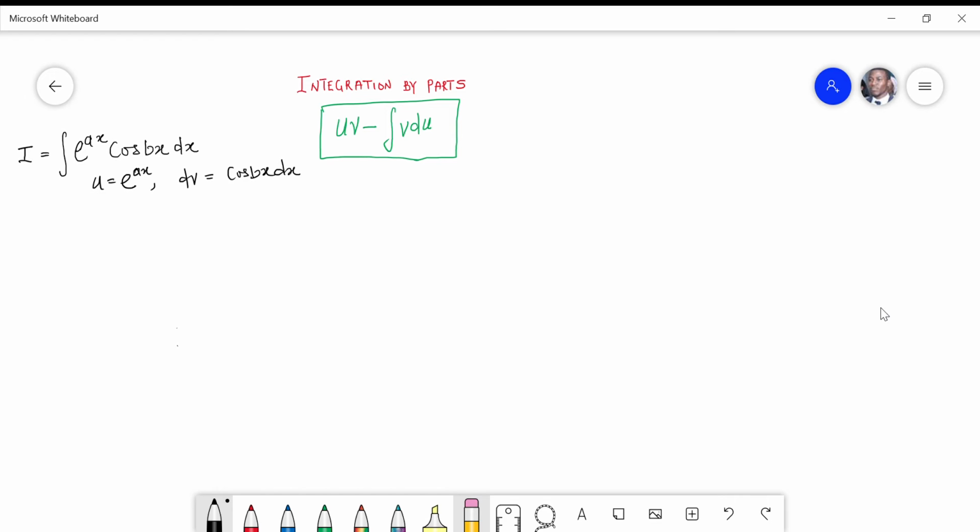Okay, so from here we just have to differentiate and then integrate and put everything back into the integral. So now we have du to be a e to the power of ax dx, and then v is going to be 1 over b sine bx.